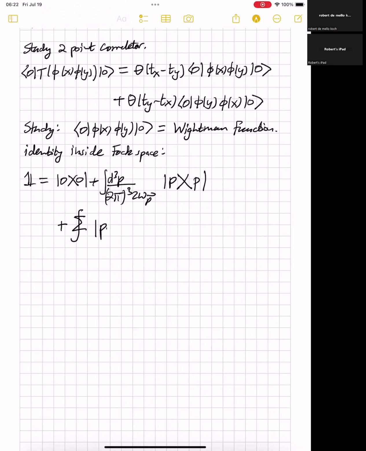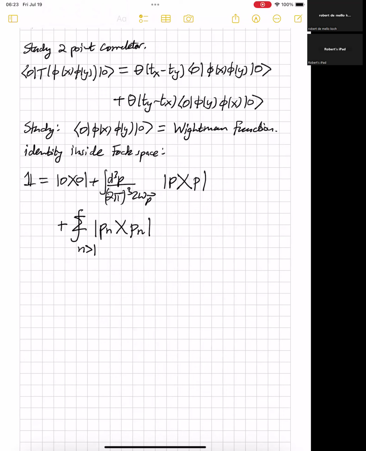And for these, I'll put an N here to indicate the number of particles. And there is both a discrete sum over the number of particles. So we need to sum over all numbers of particles more than one. And there's also an integral, which tells me to integrate over the momentum of that n particle state.